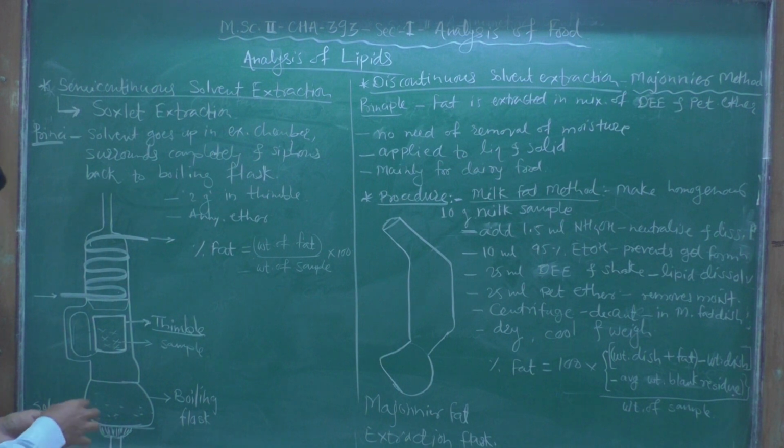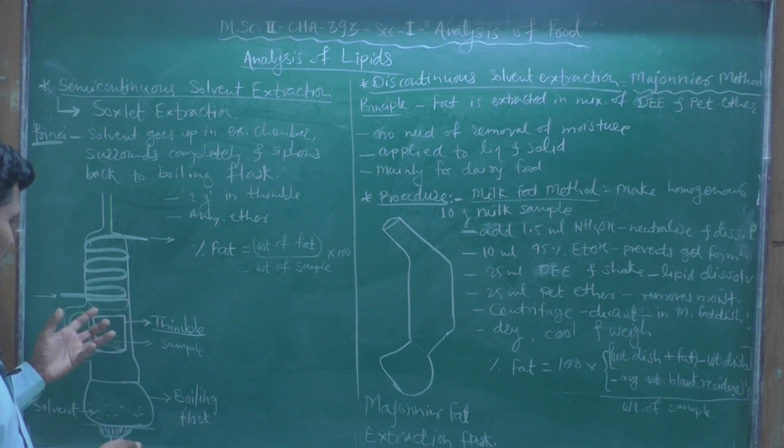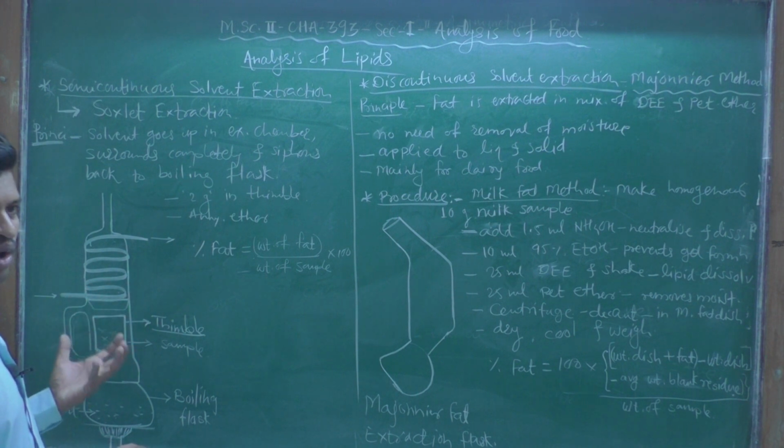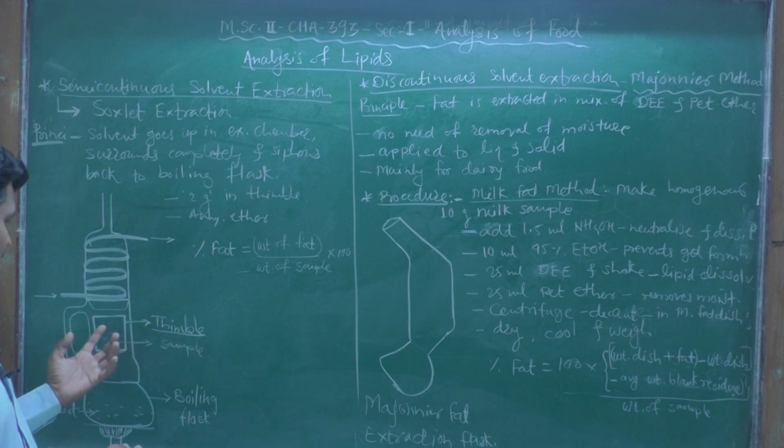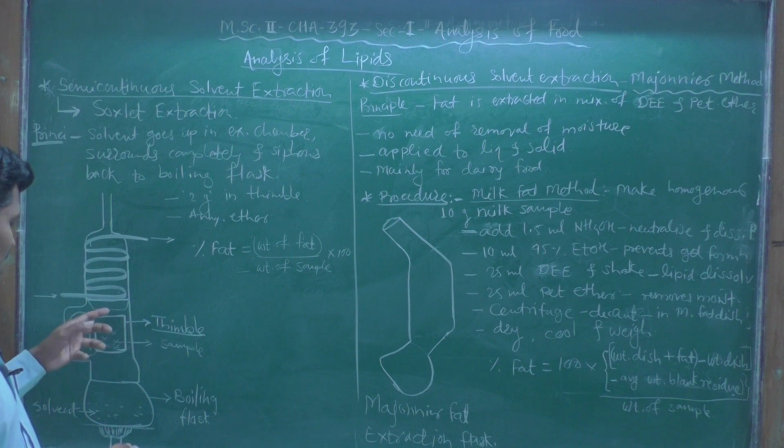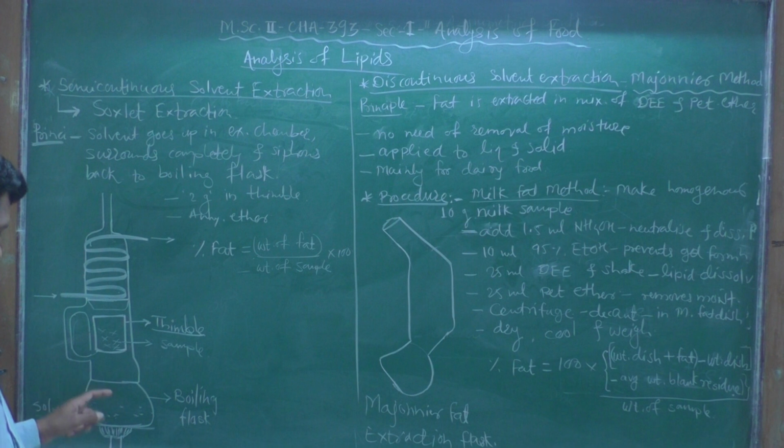When the vapors of the solvent come in contact with it, the food material that we have taken in this thimble gets extracted. The lipids or fats are extracted from the food material, and then the solvent is returned to the boiling flask.